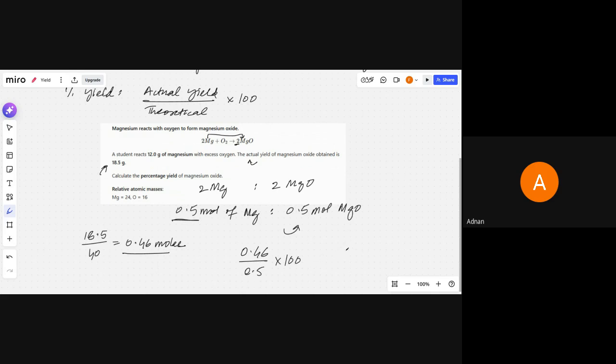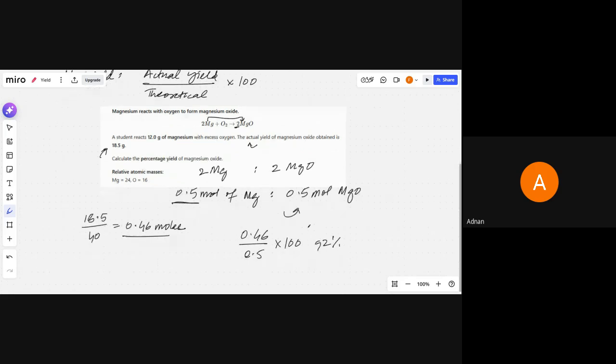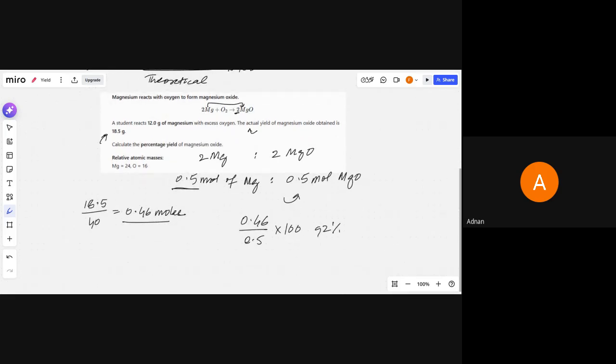So 0.46 divided by 0.5 gives 0.92, and when I multiply that by 100, I get 92%. So 92% is the percentage yield. So this is basically how we calculate percentage yield, right?